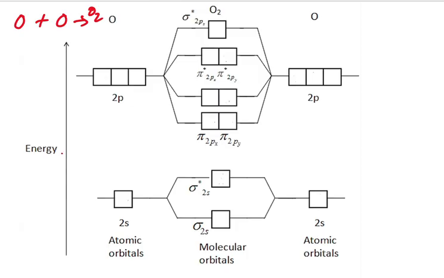So when atomic orbitals overlap, two kinds of orbitals are formed: bonding molecular orbitals and anti-bonding molecular orbitals. These molecular orbitals can be classified as sigma, pi, and delta.